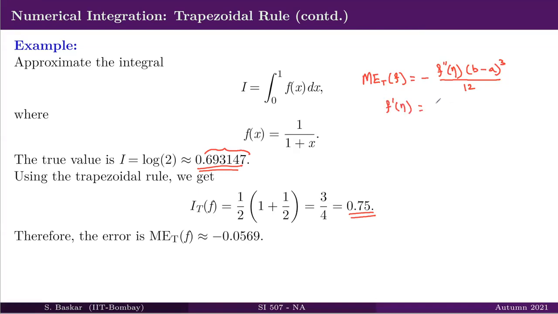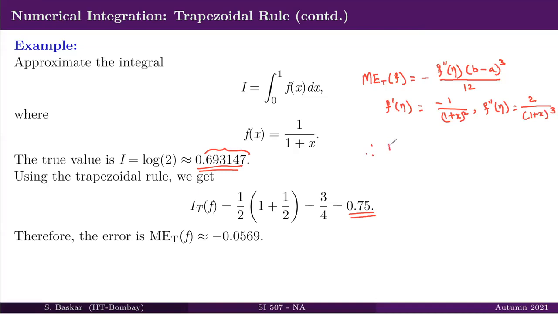F dash of eta is minus 1 by (1 plus x) square, and f double dash of eta is therefore given by 2 by (1 plus x) the whole cube, right?